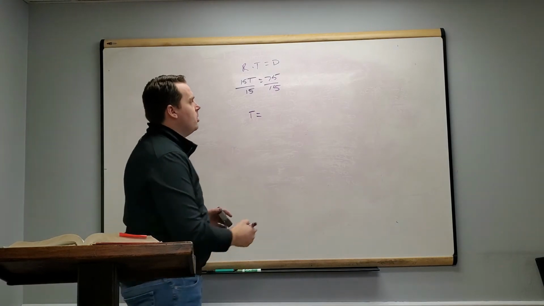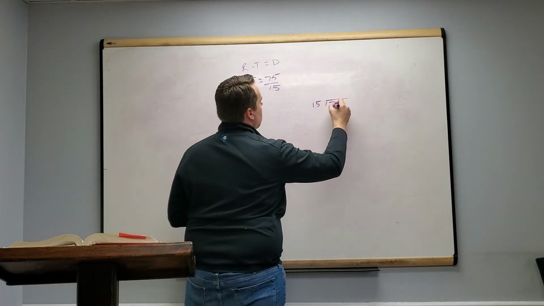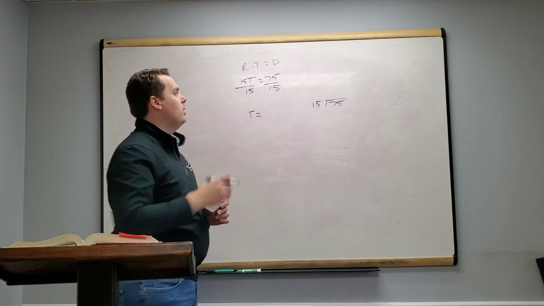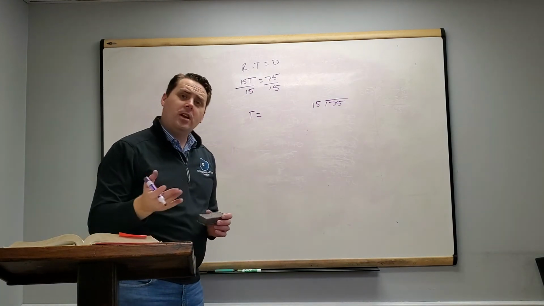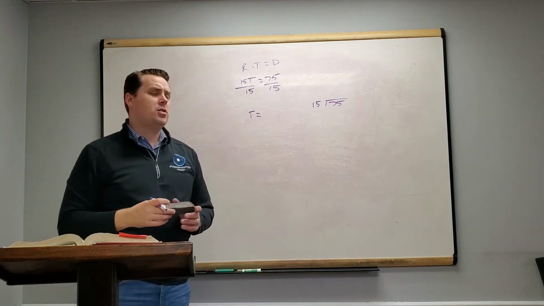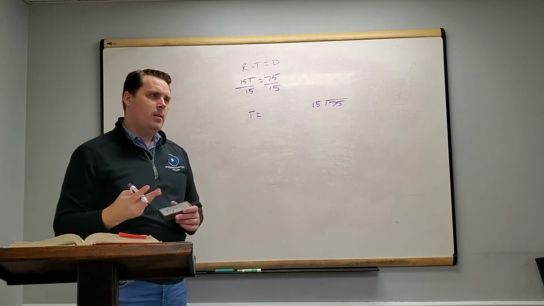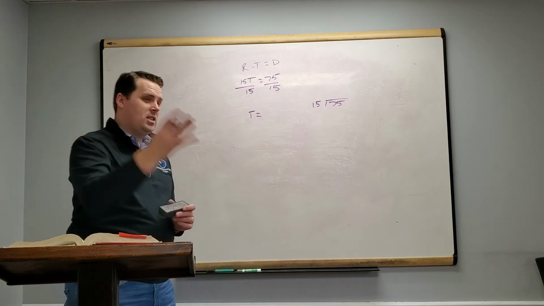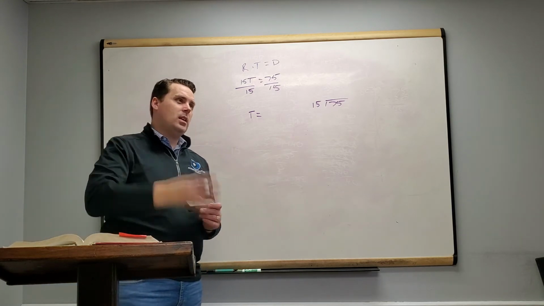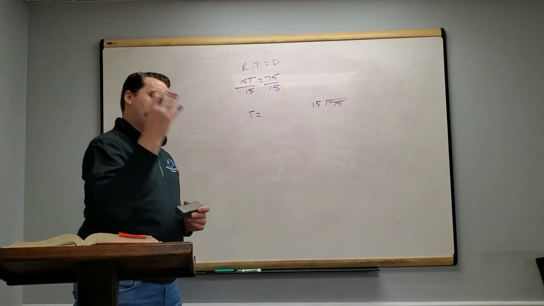Now you may be going over and doing your 75 divided by 15. You can do that. 15 is something you're going to need to know multiples of. 15 and 15 is 30. 15 on top of the 30 is 45. We're at 3. 45 and 15 is 60. That's 4. 60 and 15 is 75.